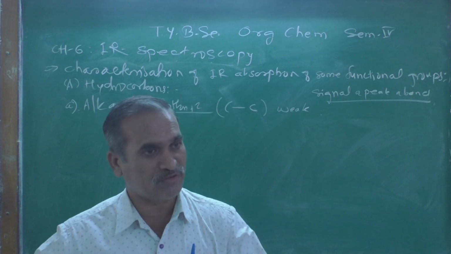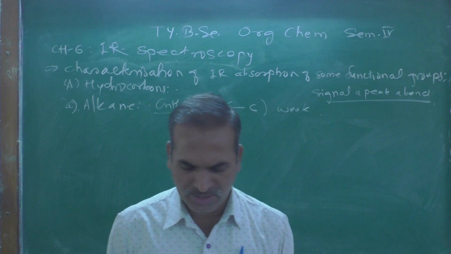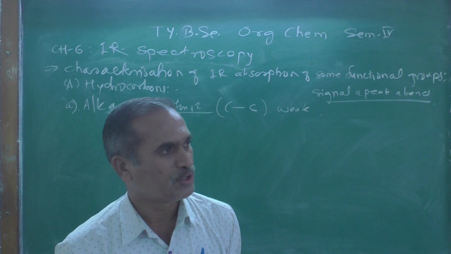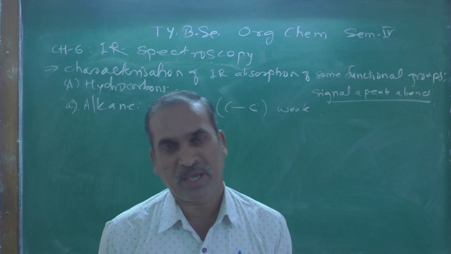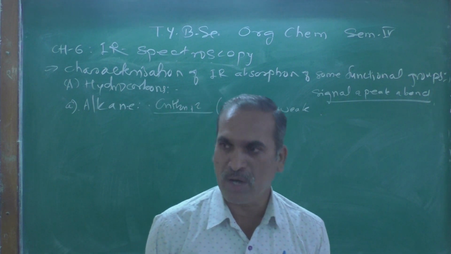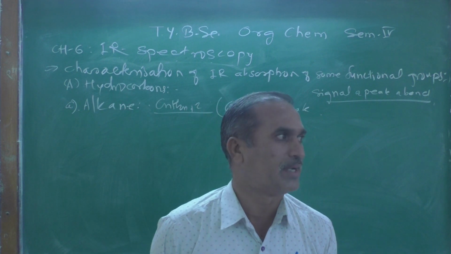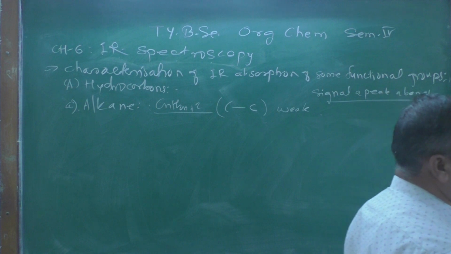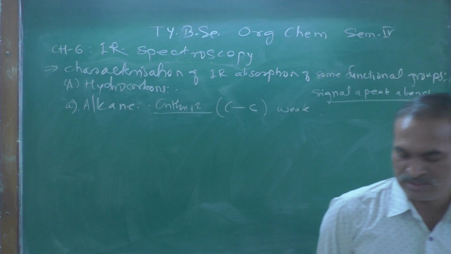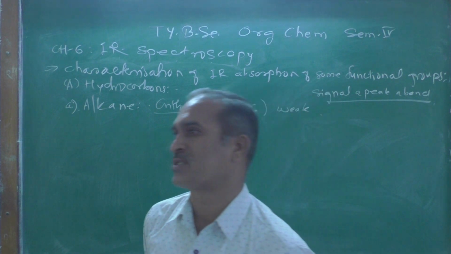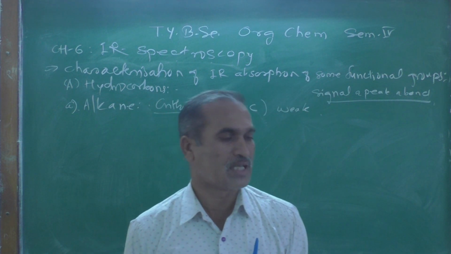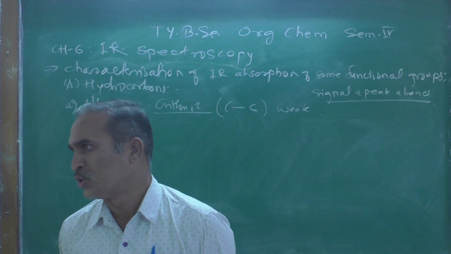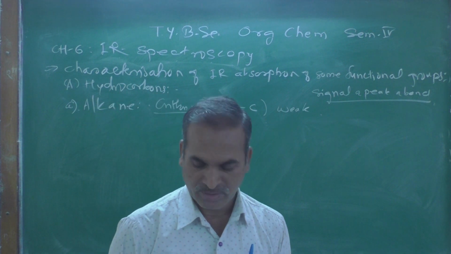Remember, these bands are not very useful for identification, because every organic compound is made up of carbon and hydrogen, and therefore every organic compound consists of these types of peaks due to carbon-carbon single bond or carbon-hydrogen.